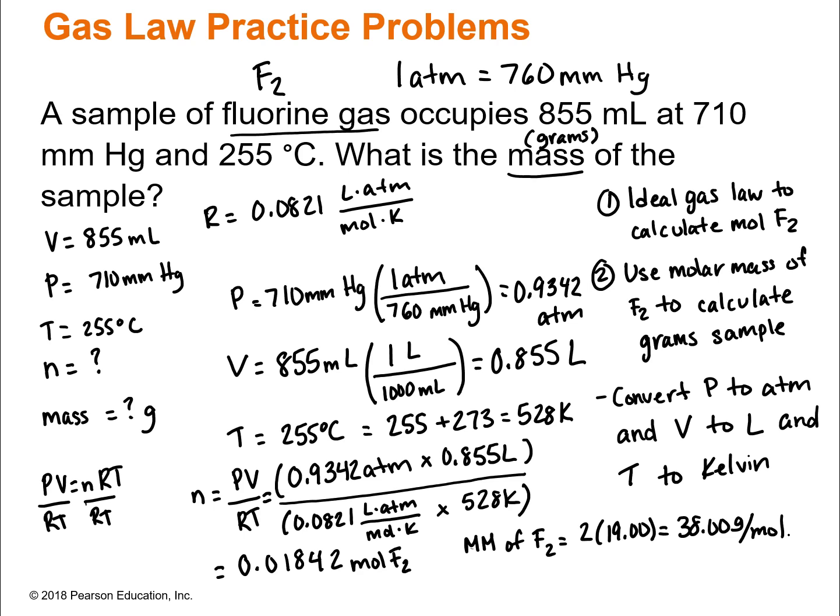The molar mass of fluorine gas is about 38 grams per mole. I think on the periodic table you have it might be like 18.999 or something like that. But if you use 19, it'll be fine. So we take the number of moles and use our molar mass.